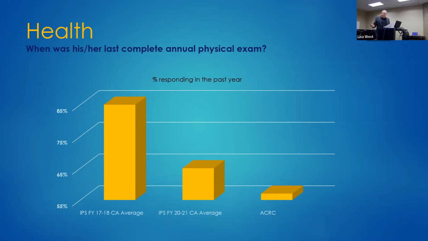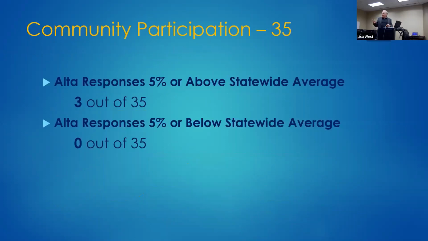And the large regional centers also did fairly well, with 64 and 69%. So Alta being 5% or more below, certainly something we want to make sure we're attentive to going forward in connecting with our clients and ensuring they're getting access.